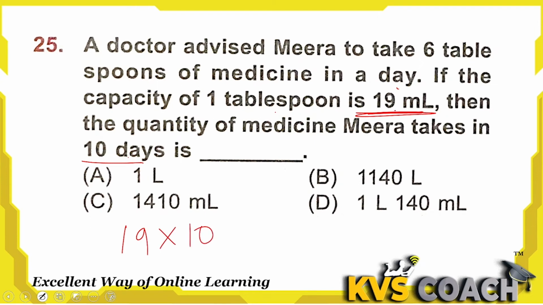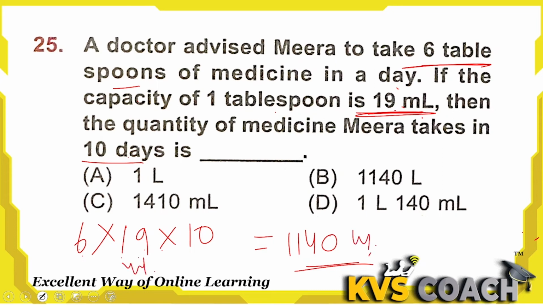But how many spoons daily is she taking? Advised 6 tablespoons. So 6 tablespoons is 6 into 19 into 10. So here it is 19 ml, so we will take the ml unit. So 1140 ml is the answer here.